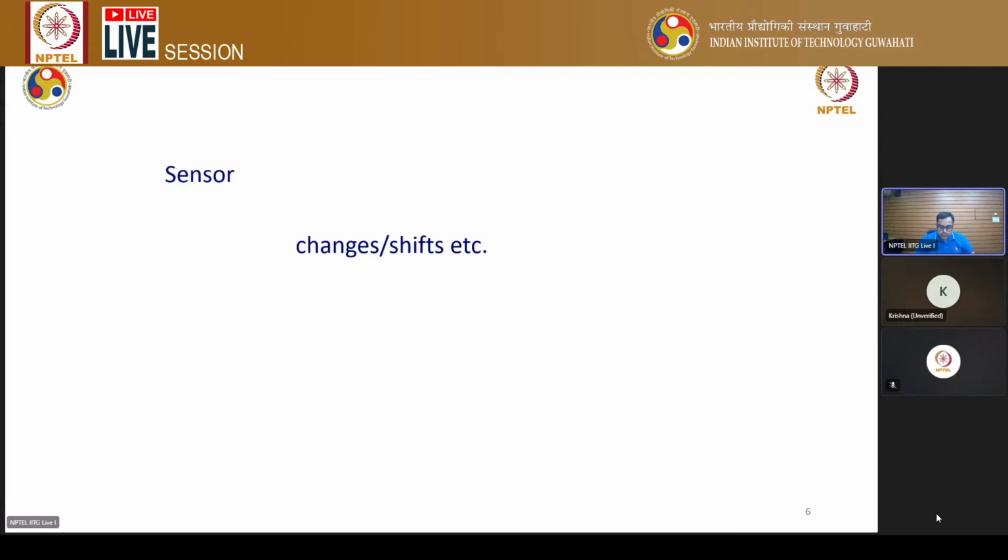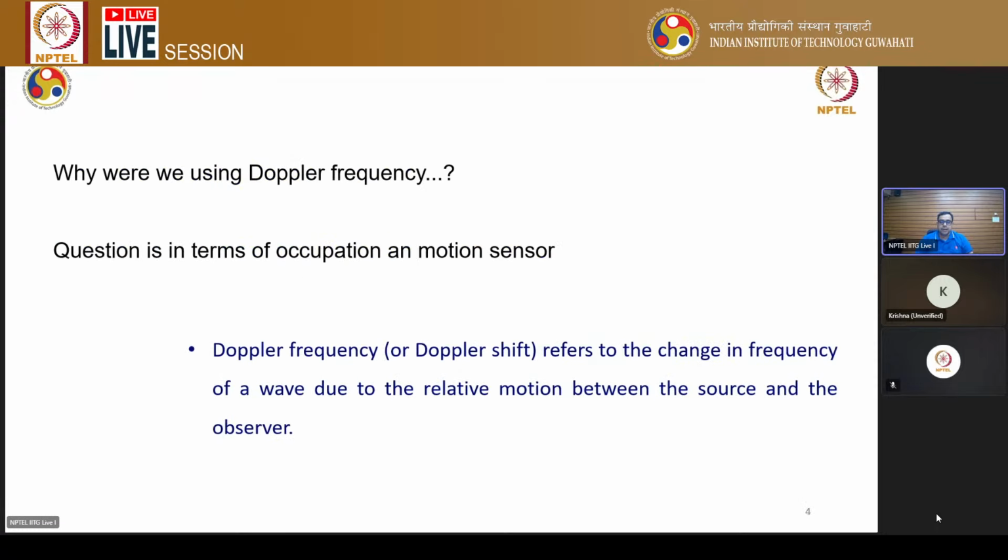If you talk about any electrical or optical sensor, you want a certain change: if the input is changing, the transfer characteristic of the device should shift. What the Doppler effect does is help you understand the movement of the object with respect to the sensor.